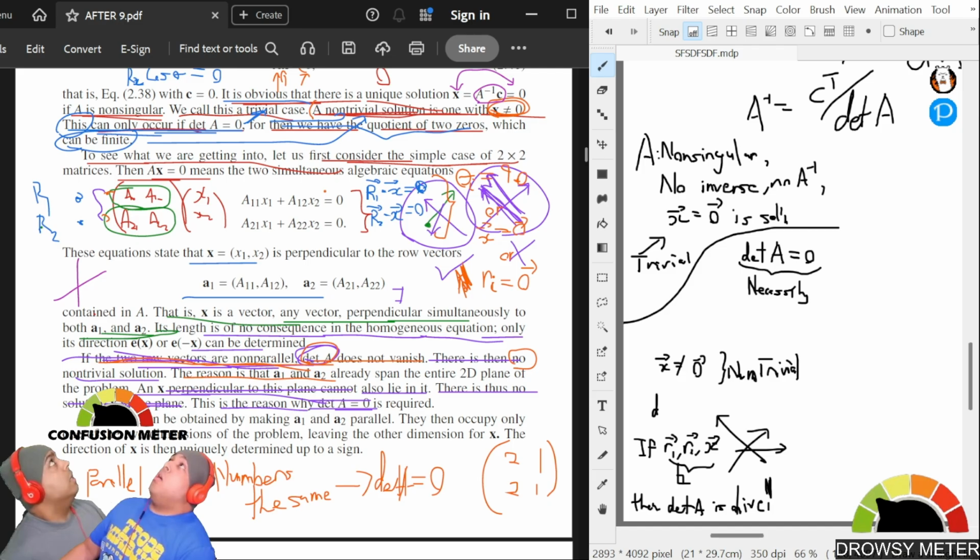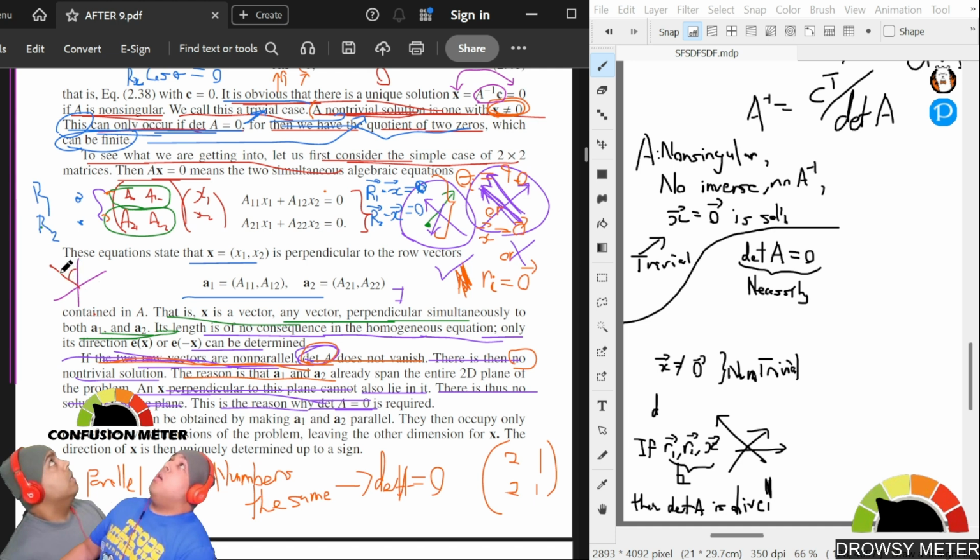The reason is that A1 and A2 already span the entire 2D plane of the problem, and X perpendicular to this plane cannot also lie in it. So what they're saying is X can't be here, because X needs to be perpendicular to both.